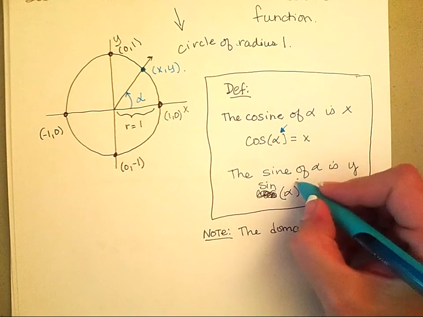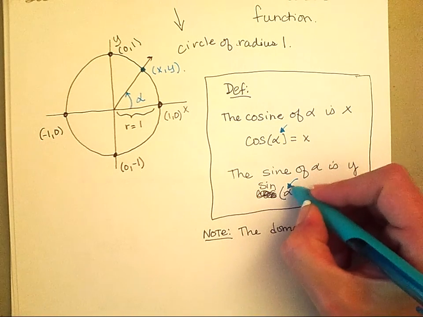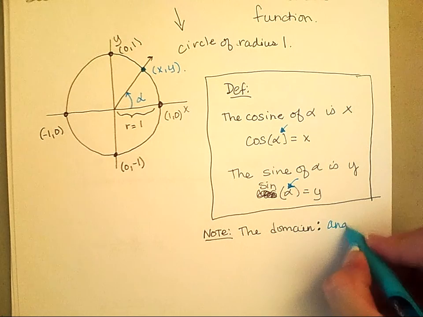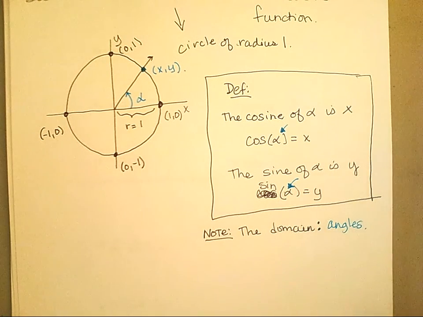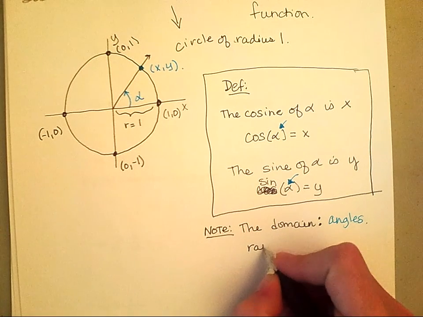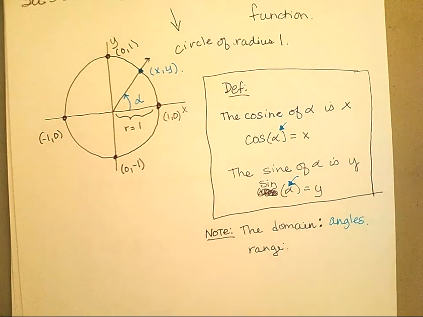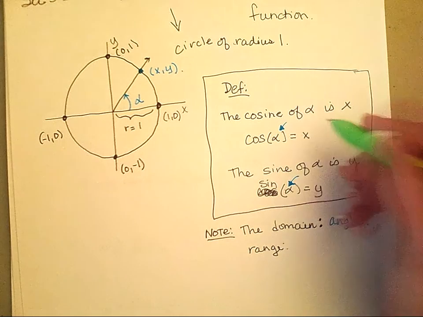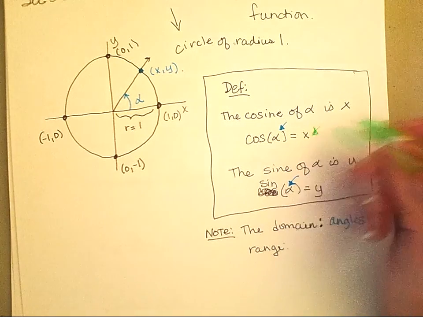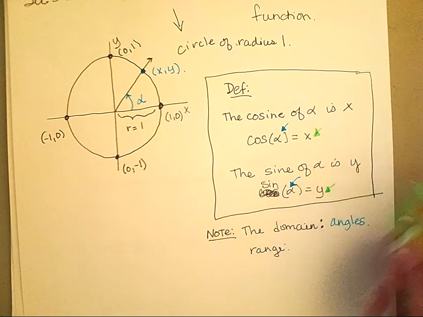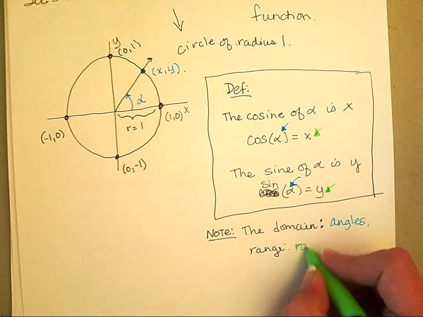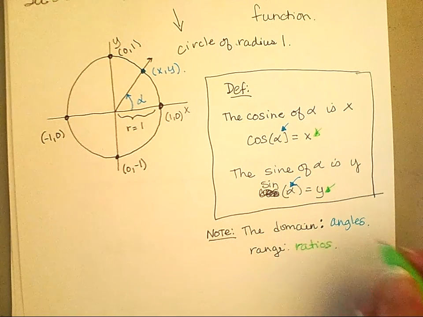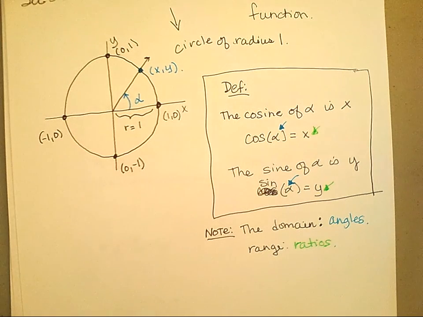So into the cosine we put an angle, into the sine we also put an angle. So the domain here are angles, and that'll be important for us to remember. And what will come out then is the range, and this will be our x's and y's, and these could be ratios. All right. We'll see that in a few minutes.